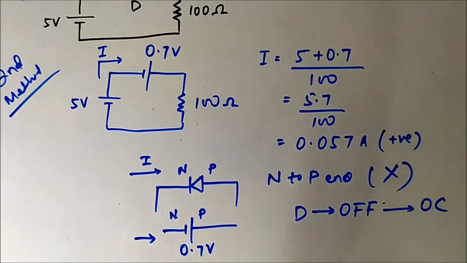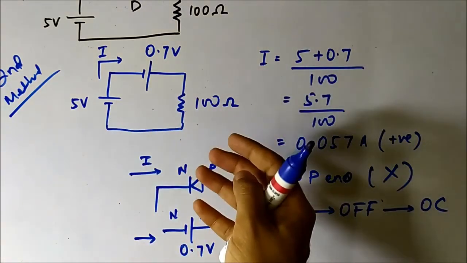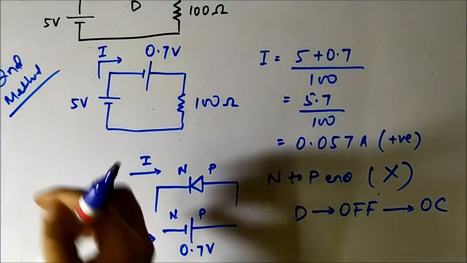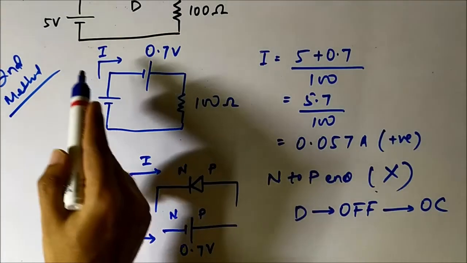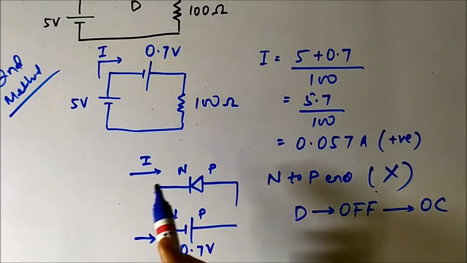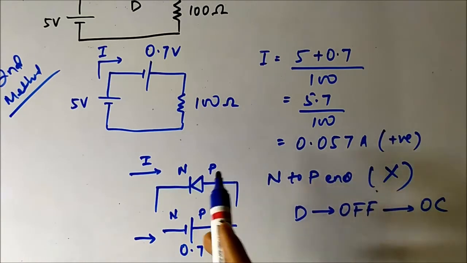So using both approaches, either you replace the diode with an open circuit, assume that the diode is off, and find the voltage drop across the diode, or using the second method you replace it with its equivalent circuit, find the current flowing through the diode, and find its direction, whether it is flowing from N to P or P to N. If you find that it is from N to P, it is off.